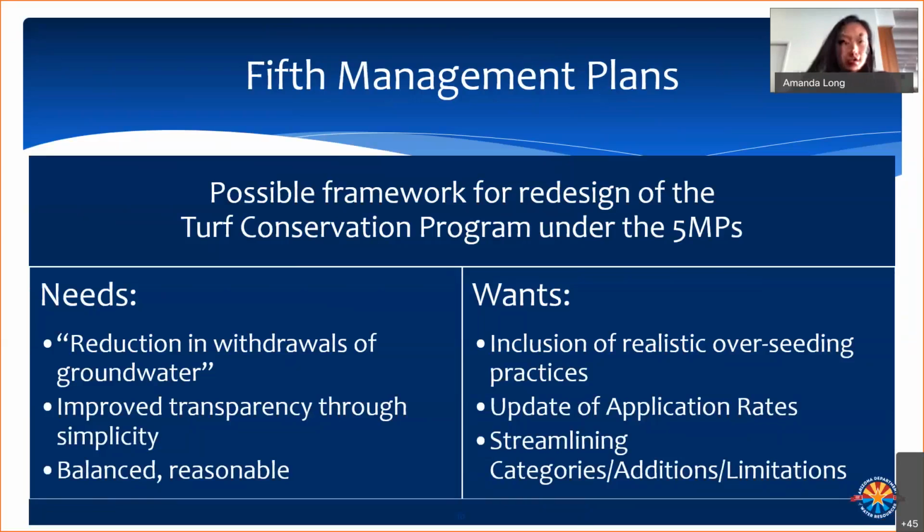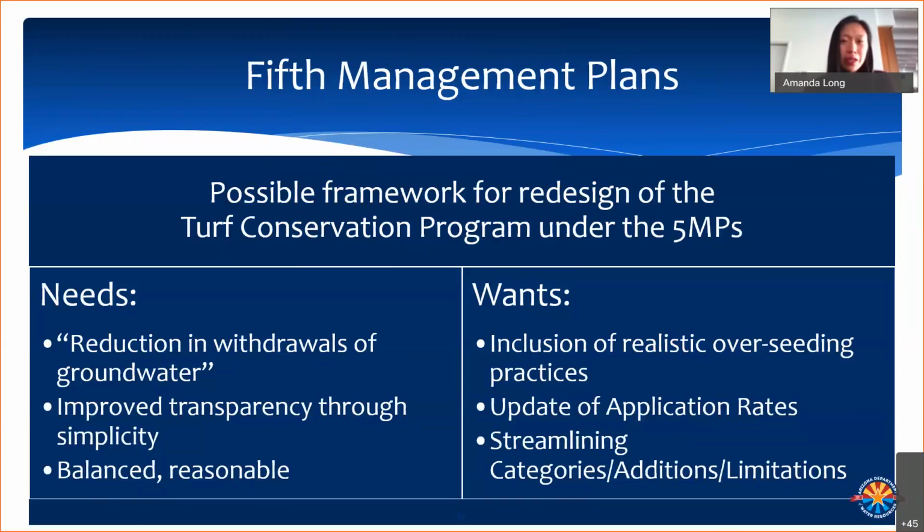We have been working under these criteria for the fifth management plan, and we split this up into what the design of the conservation program needs to meet, and then the items that would ideally be met. First, the program needs to reduce withdrawals of groundwater.